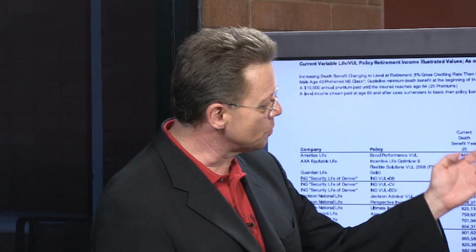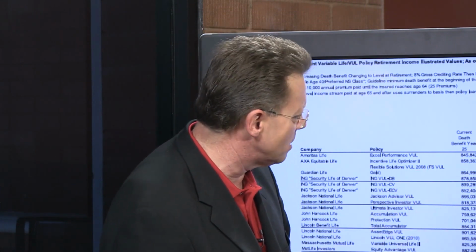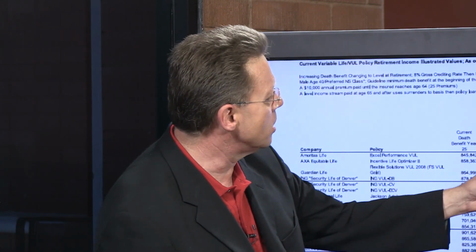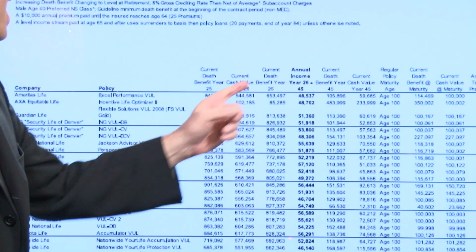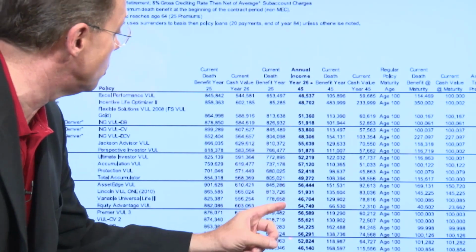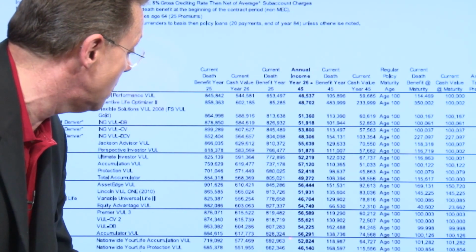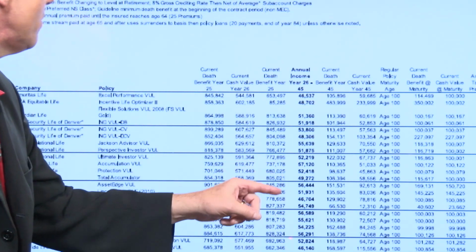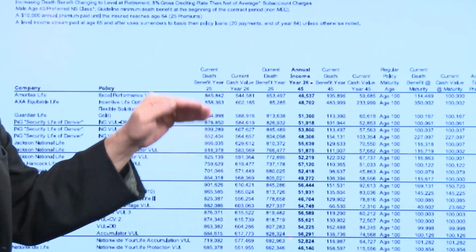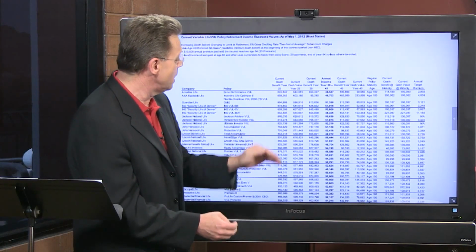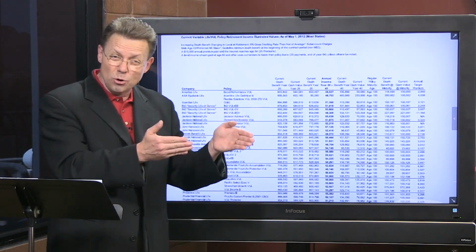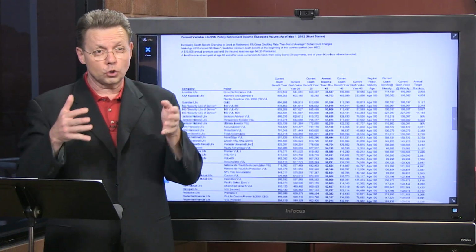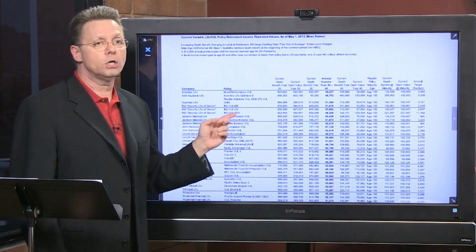And when I look at a spreadsheet like this, the cash values are so different that I'm looking at carriers from $46,535 of annual income all the way up to, I think I saw one at $57,000. I thought I saw one at 60, but about 57,000 is your high, in quotes, from 48,500 up to 57,000. That's a big difference annually every year for 20 years. So it's very important to look at this grid.